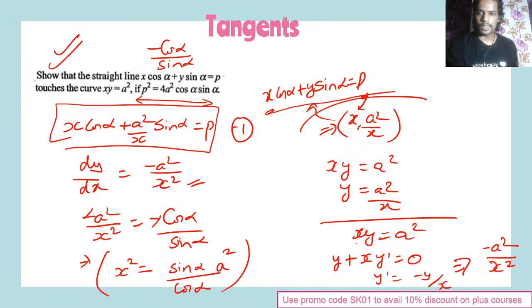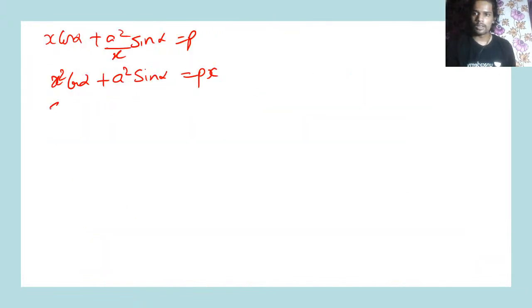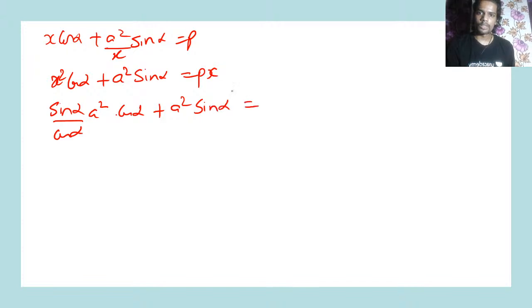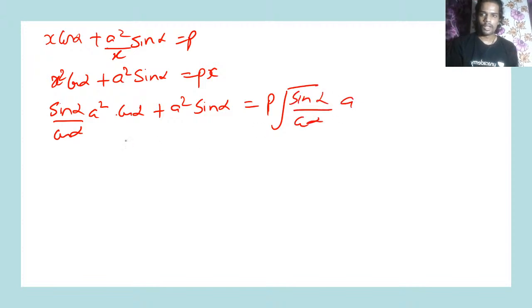What is the value of x? X square is sin alpha upon cos alpha a square, multiplied by cos alpha, plus a square sin alpha. And what is p? X would be equal to square root of this, which is root over sin alpha upon cos alpha a. Okay, now this cos alpha and cos alpha will cancel out.